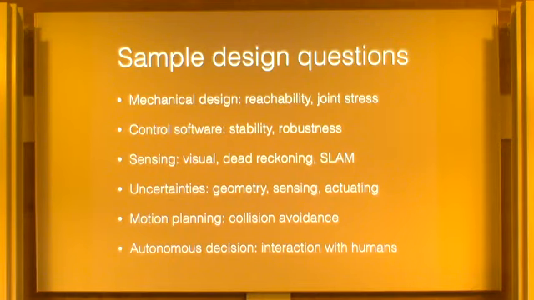Dead reckoning is not very important, but the fact that there may be a discrepancy between what you recognize with a camera and what you measure with looking at how your wheels go and things like that is something that has to be reconciled.